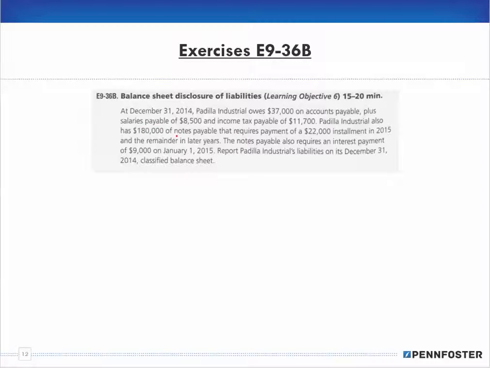Padilla also has $180,000 of notes payable that require payment of a $22,000 installment in 2015, and the remainder in later years. The notes payable also requires an interest payment of $9,000 on January 1st. Report Padilla's liabilities on its December 31st, 2014 classified balance sheet.